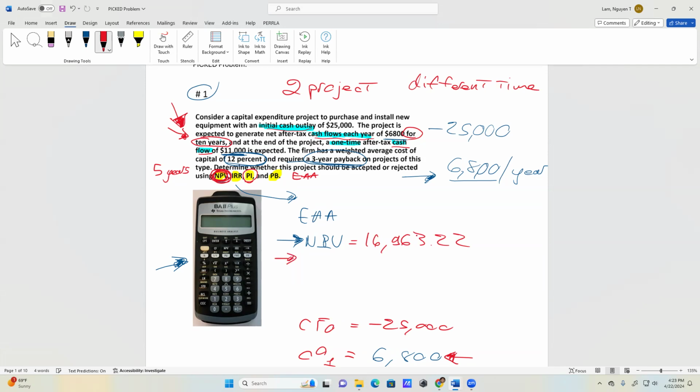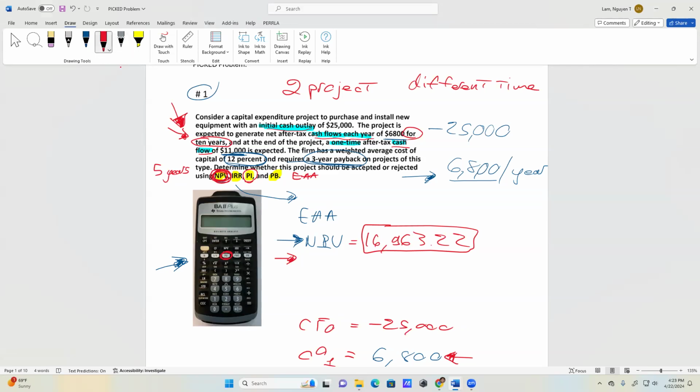What I want you to do is put this value in as the present value on your calculator. 16,963.22. Put it as a present value.